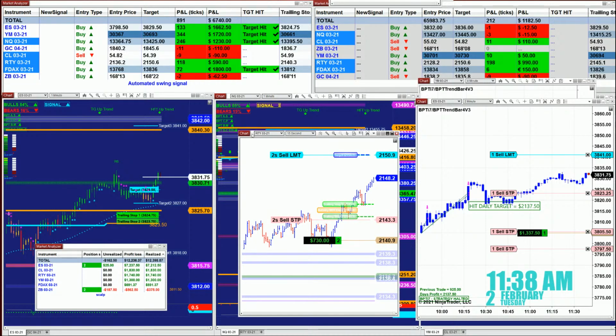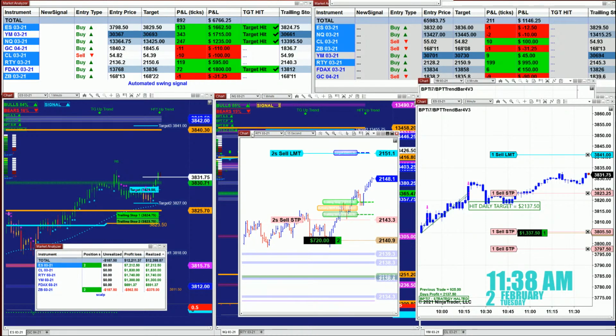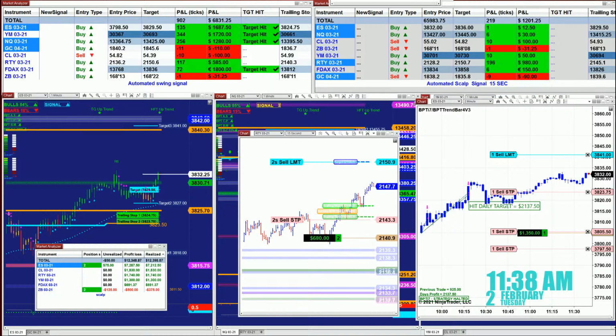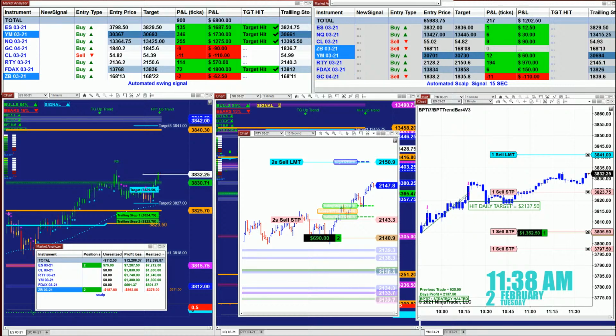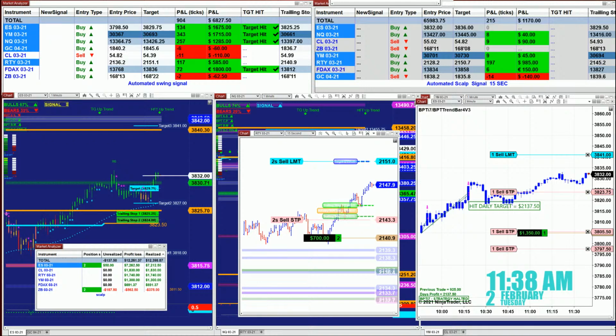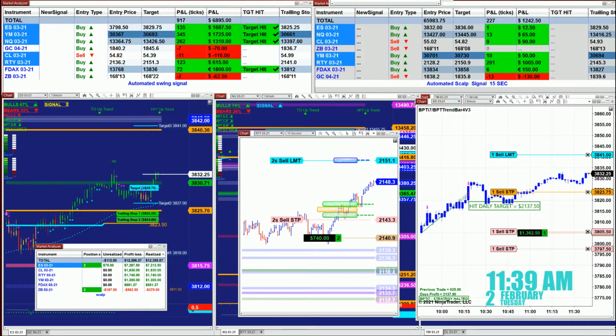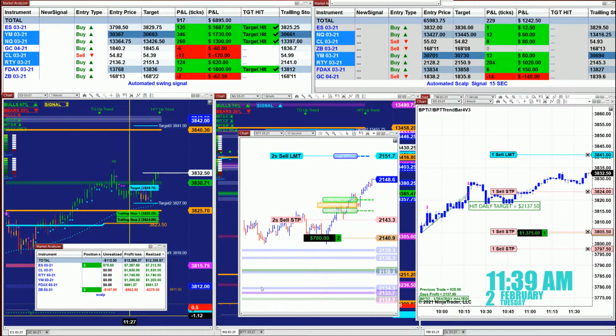This is really amazing. We're not that far from 12 o'clock and the target. And here's the target, not the Russell. It's this one here.